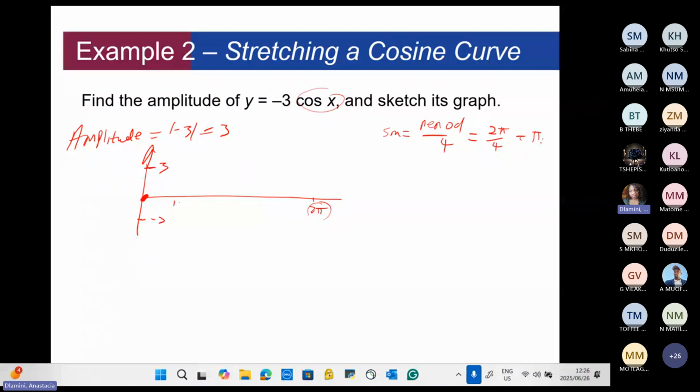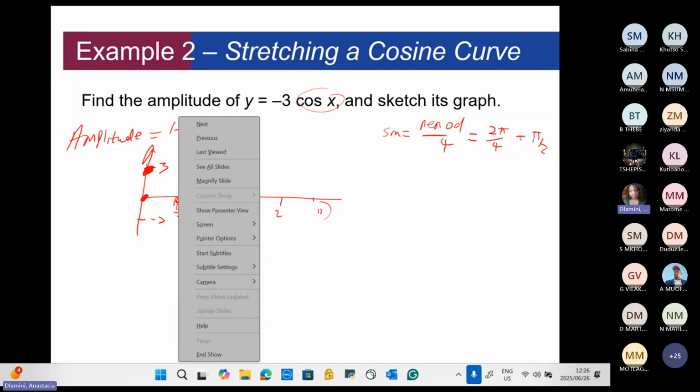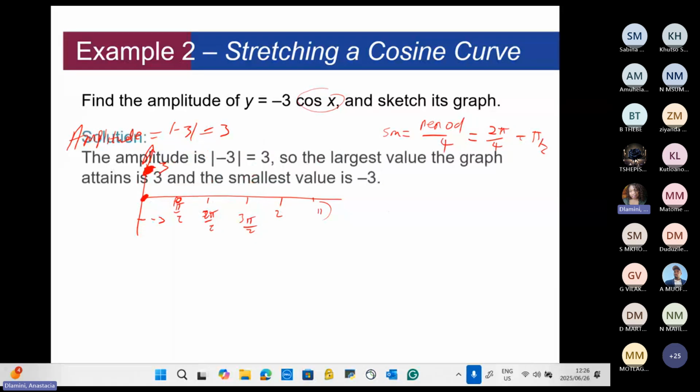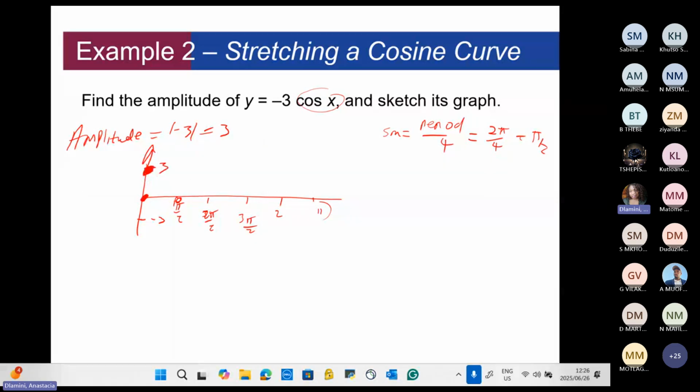We say this is pi over 2, 2 pi over 2, 3 pi over 2, and 4 pi over 2. Let's write it here. Pi over 2. Look at how I'm drawing this graph. I know my cos starts from 1, goes to 0, goes to negative 1, goes to 0, and then goes to 1.